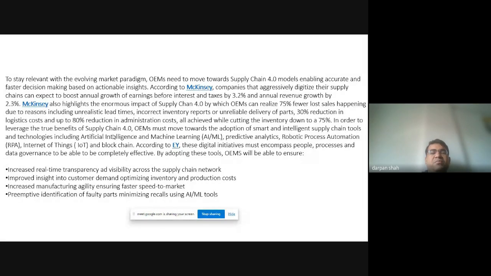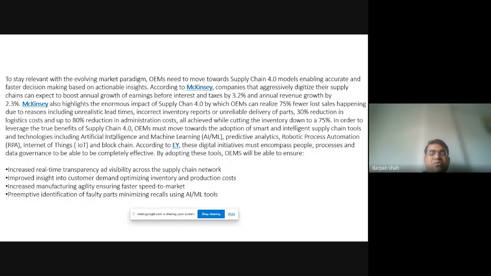This is where we can leverage new tools like artificial intelligence and machine learning in predicting, forecasting and scheduling processes. We can also have predictive analysis of customer demands. And as I have briefed earlier, robotic process automation, wherever we can increase the level of automation, so that reducing manual intervention will ultimately lead to a better quality product.